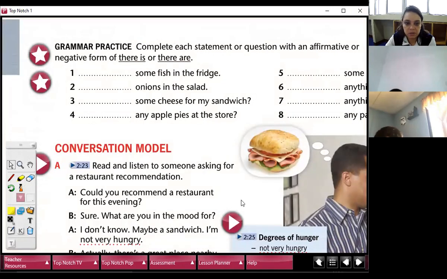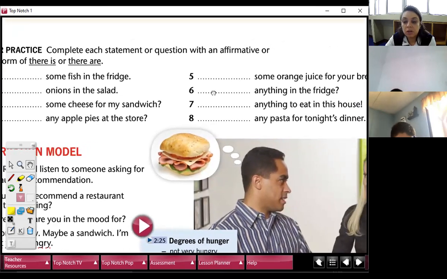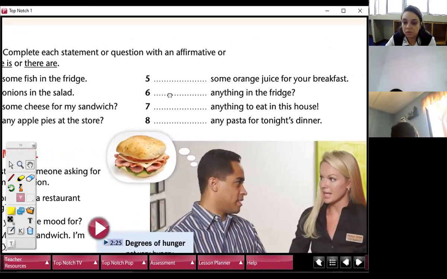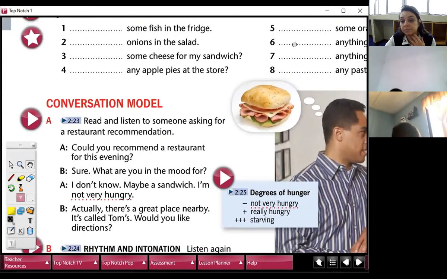Okay, so: some fish in the fridge, onions in the salad, some cheese for my sandwich, any apple pie at the store, some orange juice for your breakfast, anything in the fridge, anything to eat in this house, any pasta for tonight's dinner, okay?